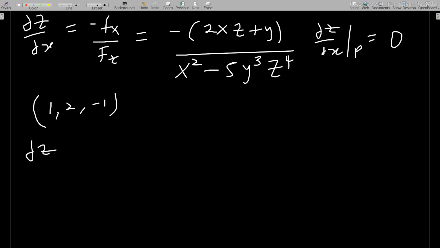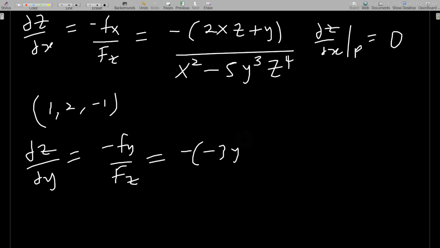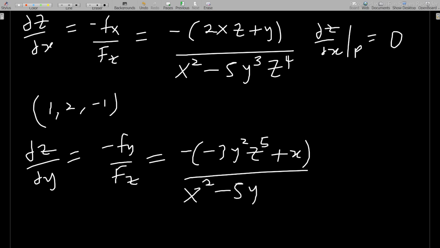Now del z del y is also equal to minus fy over fz, and this is equal to negative of negative 3y squared z to the 5th power plus x, over x squared minus 5y cubed z to the 4th power. Now del z del y, simplified at p, is equal to 1 over 3.